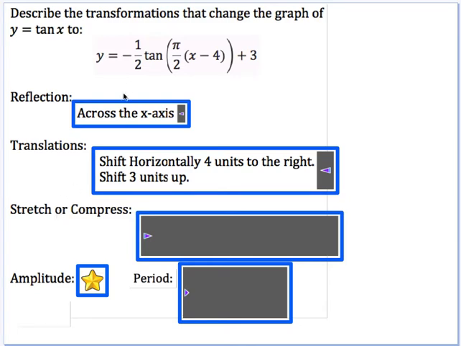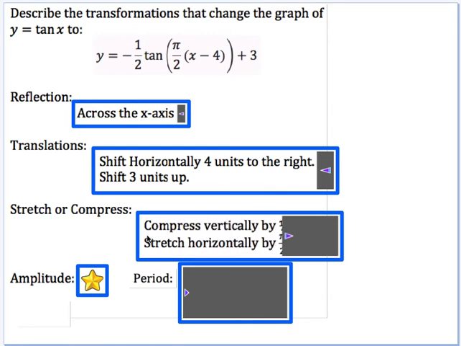You're stretching or compressing: the 1/2 here has you compressing vertically by 1/2, and the pi over 2 here has you stretch horizontally by pi over 2 units.